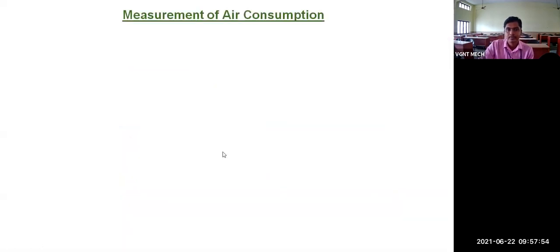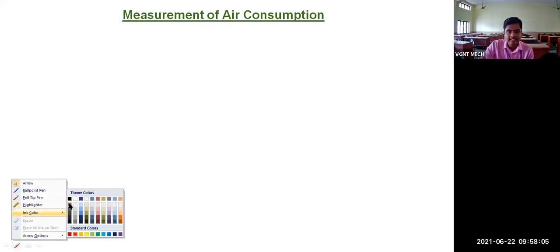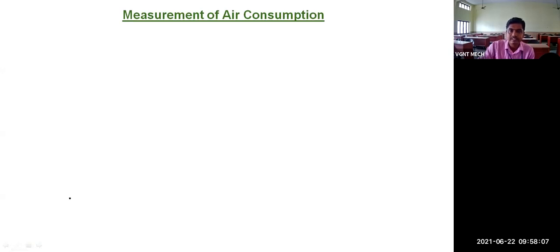Measurement of air consumption means we have to calculate how much air is entering the engine cylinder, that is, the mass flow rate of air.